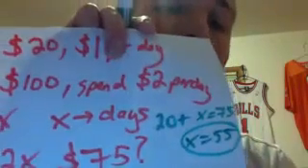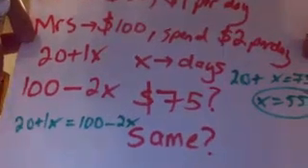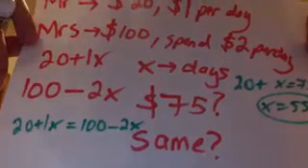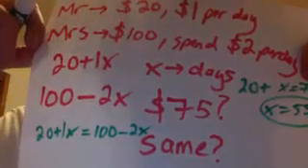Now if I want to know when we have the same amount of money, this is actually not too bad a one either. Same is really just equal. So write my expression, 20 plus 1x. Write my wife's expression, 100 minus 2x, and put an equal sign in between them. So 20 plus x, you don't need to write the 1, a little bit of a habit from what I wrote up here.